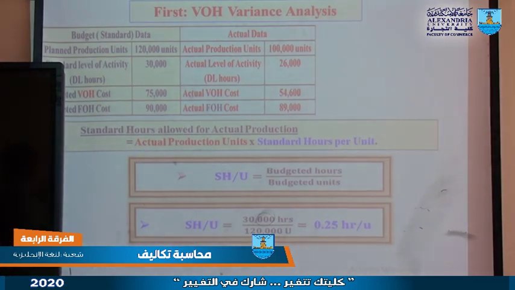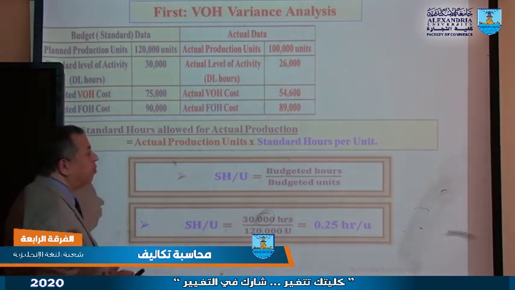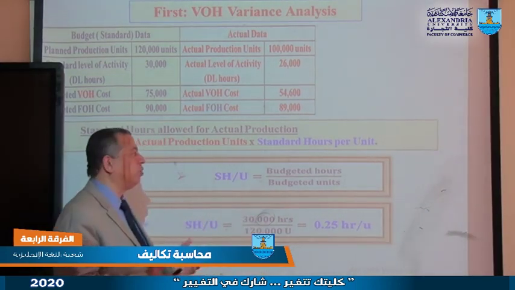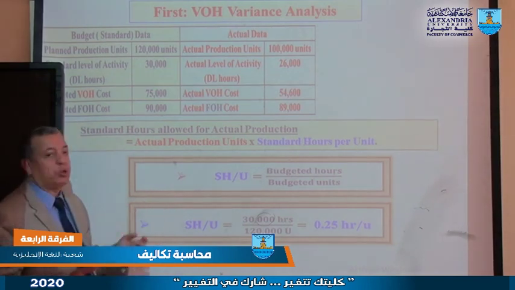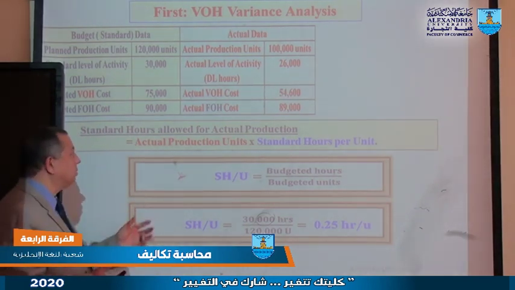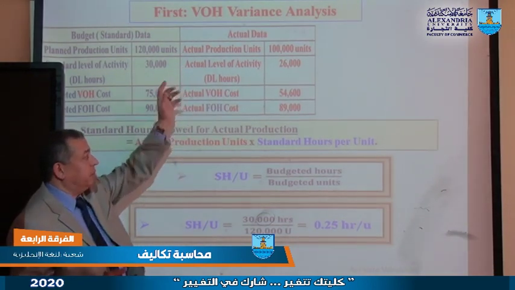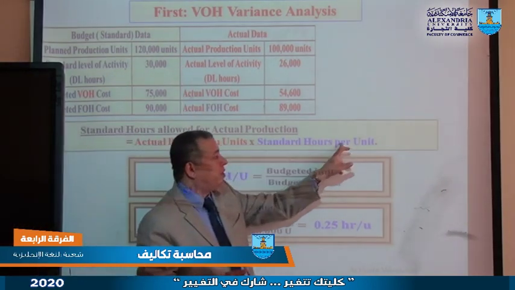Again, your problem is when you calculate the costs, firstly actual and standard. In previous lectures, there was no problem for standard hours for direct labor. But here, we have a problem for standard hours because I have to calculate them. Actual production units is given, but how to calculate standard hours per unit?